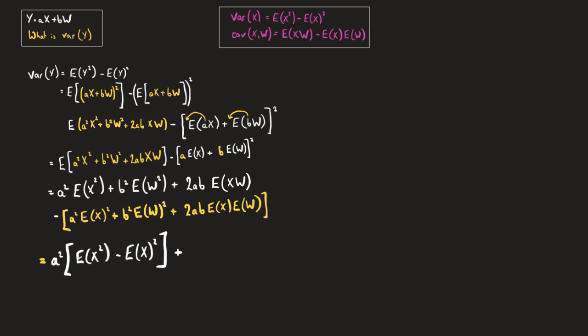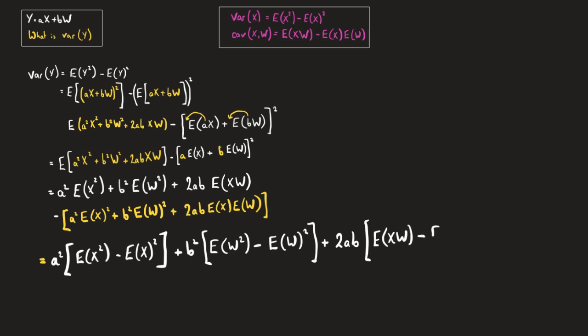So again, we can take the common multiplier of b squared outside. So that's b squared times the expectation of w squared minus the expectation of w all squared. And finally, we've got 2ab, that's a common multiplier, times the expectation of xw minus the expectation of x times the expectation of w. So that's plus 2ab times the expectation of xw minus the expectation of x times the expectation of w.